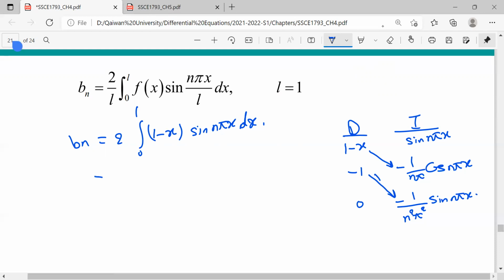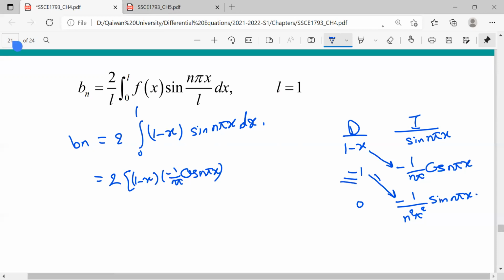This equals 2 times [1 minus x times -1 over n pi cosine n pi x, minus (-1 over n squared pi squared) sine n pi x], all from 0 to 1.